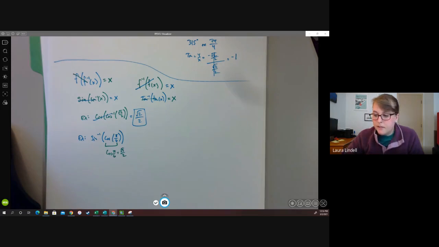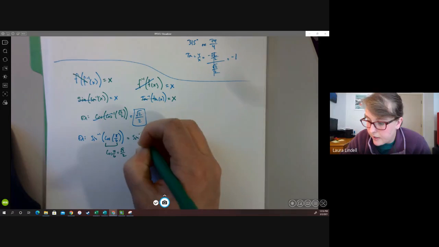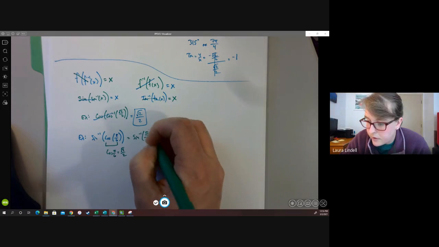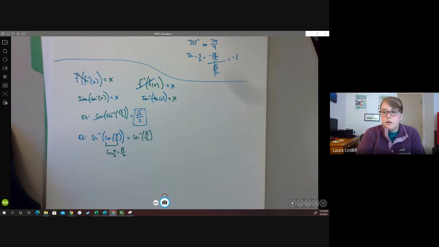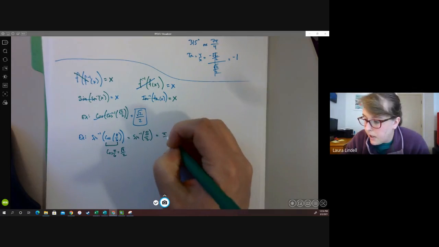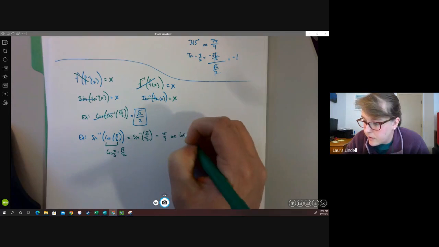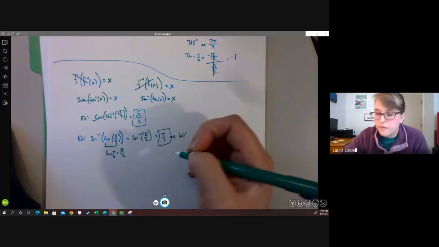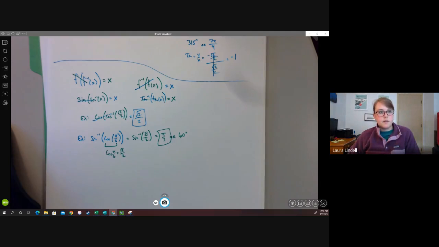So then this is equal to sine inverse of root 3 over 2, which we already know from our example above is pi over 3 or 60 degrees. Typically, we would answer it with pi over 3. So that's another kind of problem that you might see.